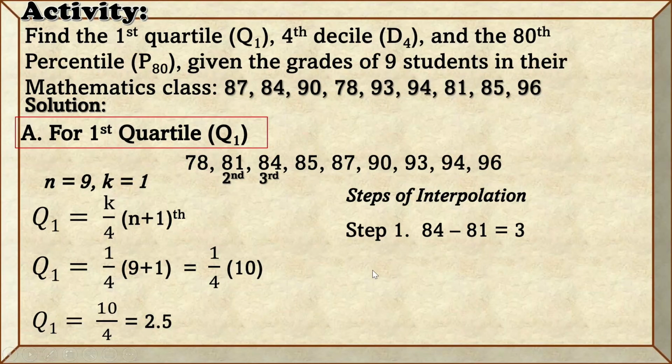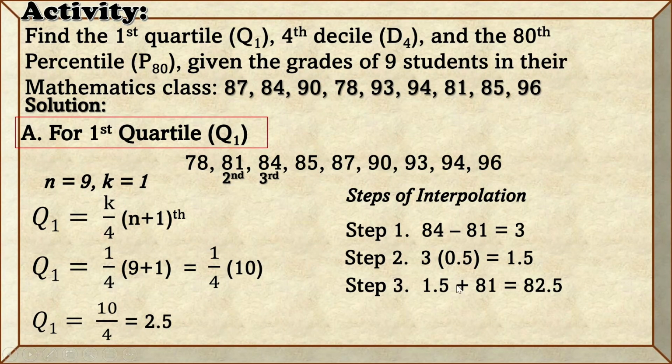Then the second step, multiply the result by the decimal obtained in the second step here. So, ang decimal number is 0.5. So, i-multiply natin yung result ng step 1 sa decimal number na 0.5. So, we have 3 times 0.5 equals 1.5.